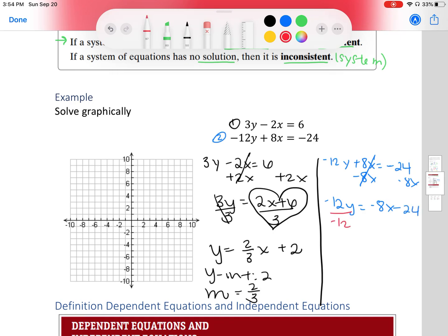Divide by negative 12 to get y by itself. So I'm left with y equals, that 12 divides each one. So we have negative 8 over 12, and the negative divided by negative is positive, and 24 divided by 12 gives us 2. And we need to simplify that fraction, so that I have y equals, they can both be divided by 4, 2 over 3x plus 2.